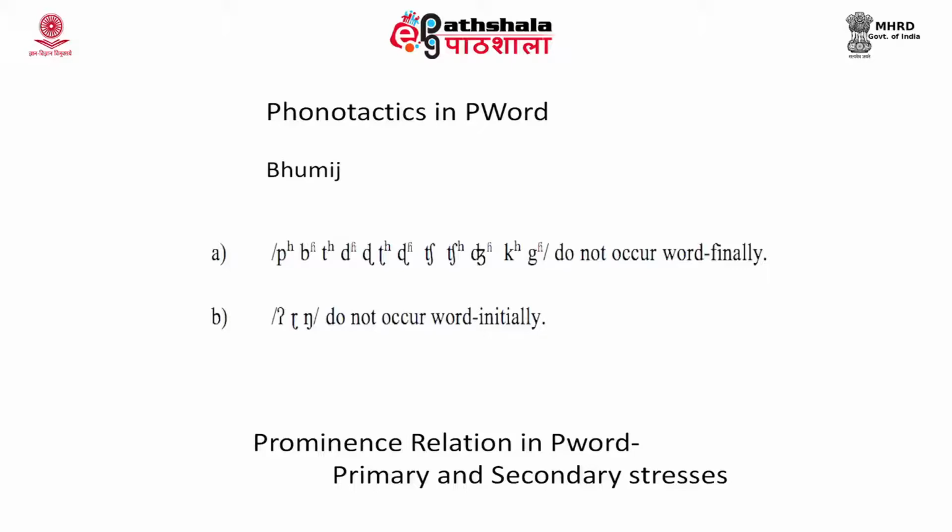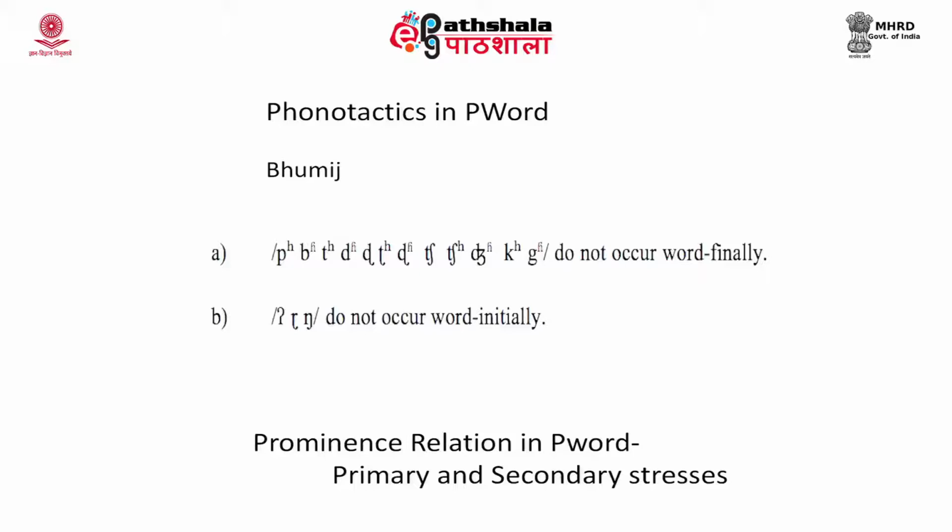Things like aspirated plosives do not occur word finally; they must occur either word initially or word medially. And the consonants glottal stop, ra and nga do not occur word initially. So these are the constraints on the phonotactics of the sounds in this language called Bhumij.